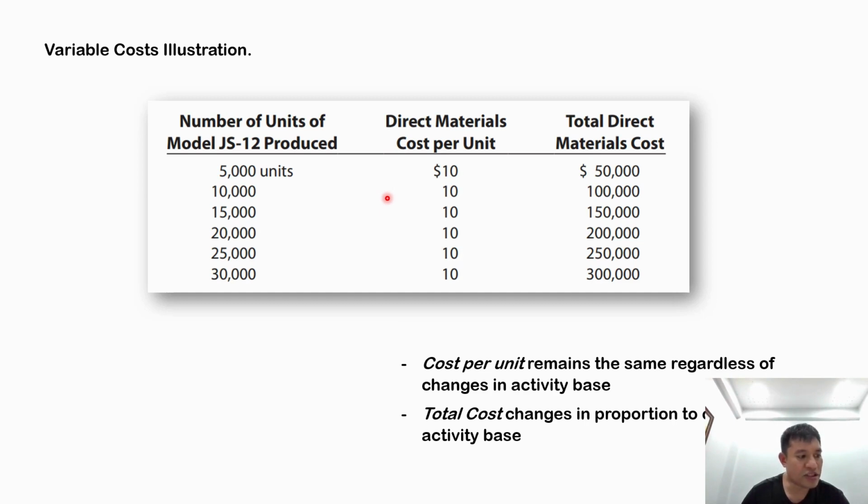And the total cost changes in proportion to changes in activity base. So for model JS-12, the direct materials cost for 10,000 units, which is equal to $100,000, is twice the direct materials cost for 5,000 units, which is equal to the total cost of $50,000.